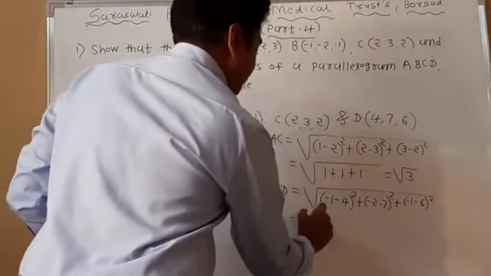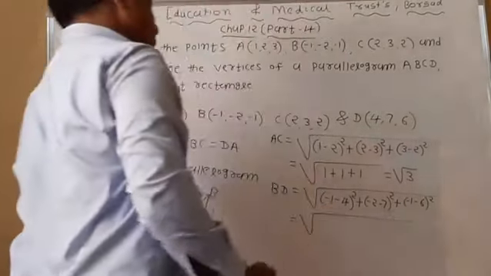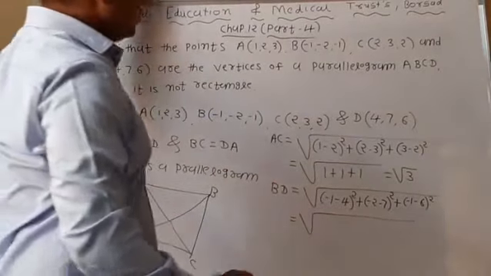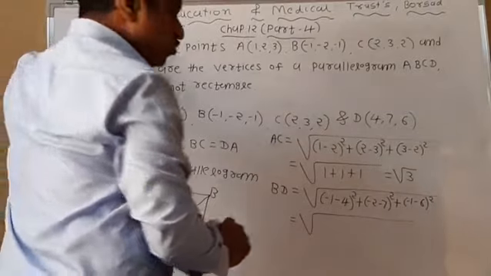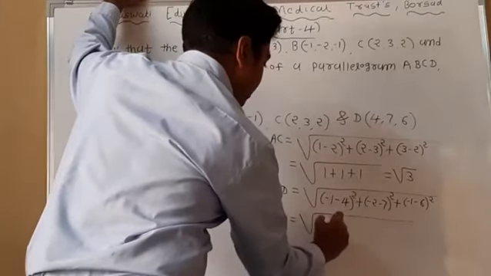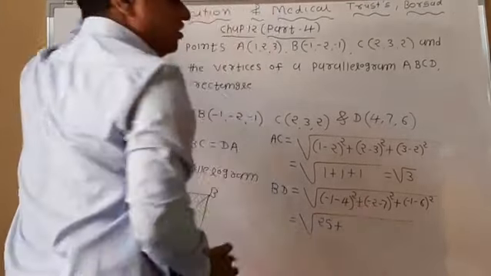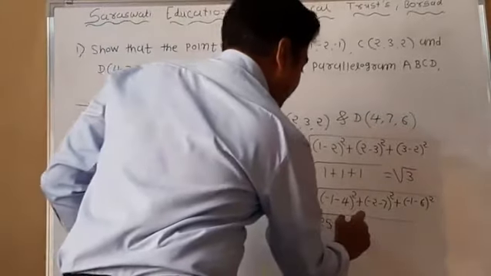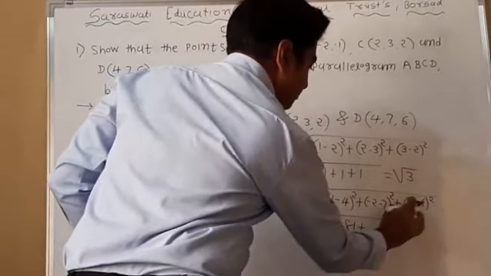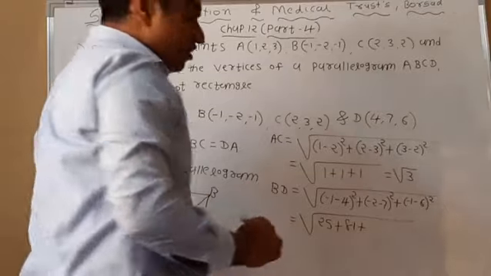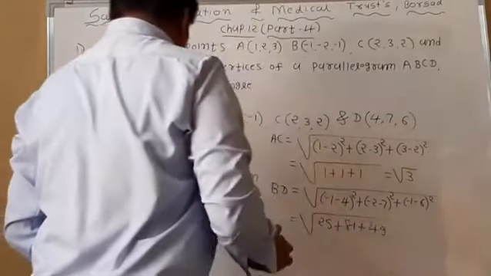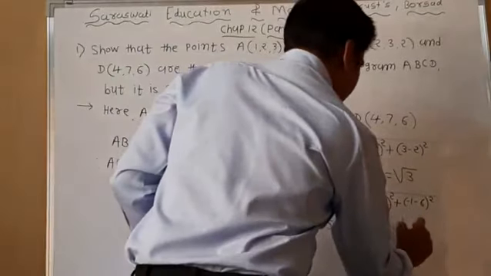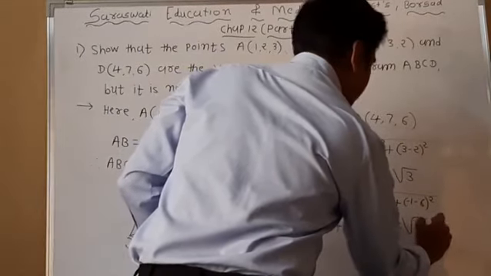Now simplify this term. Minus 1 minus 4 is minus 5, and minus 5 whole square means 25, plus minus 9 whole square means 81, plus minus 7 whole square means 49. Now add these numbers, so here we get under root 155.